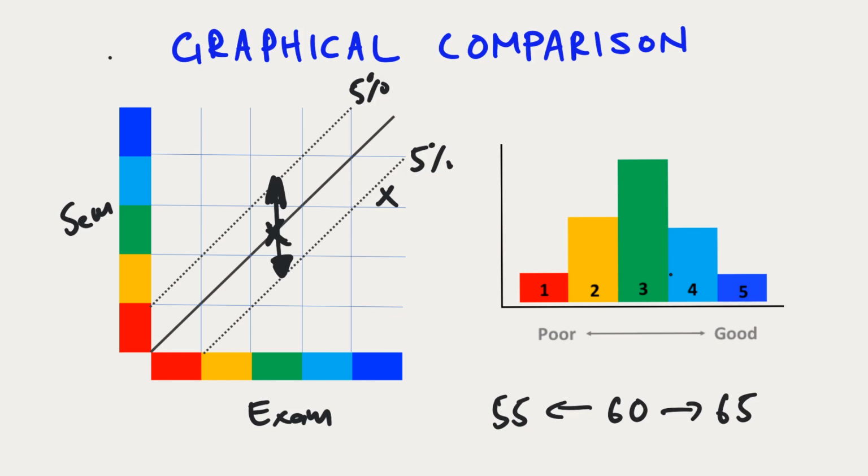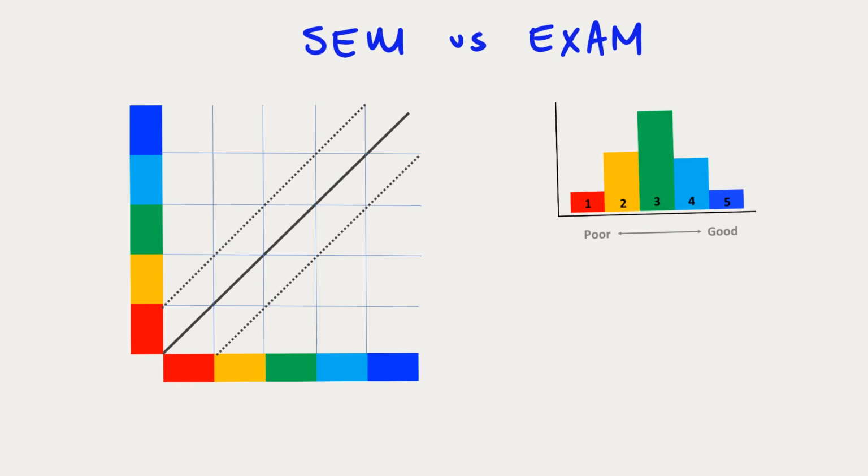So the first thing we did was to compare the semester mark to the exam mark. This has nothing to do with the peer rating. This is purely based on the two separate marks, and as I said over and over again, we're hoping that if you're a yellow bin student, you stay there. If you're a blue bin student, you stay there. So ideally, we want all the students to lie within these bounds that we have defined.